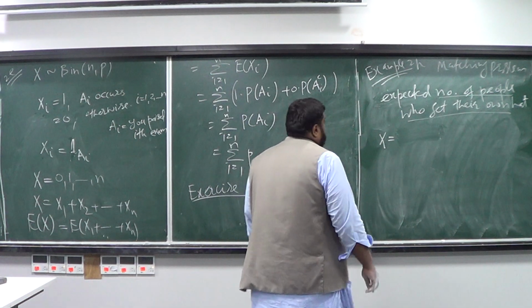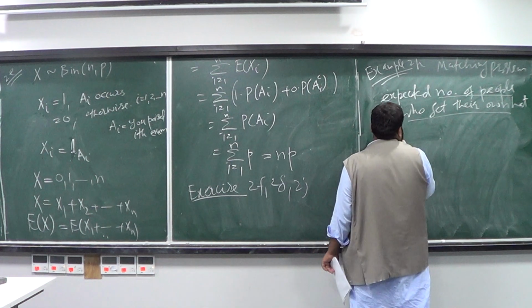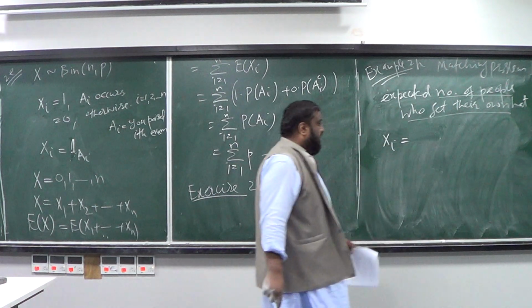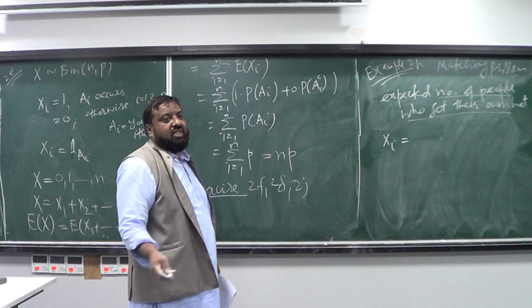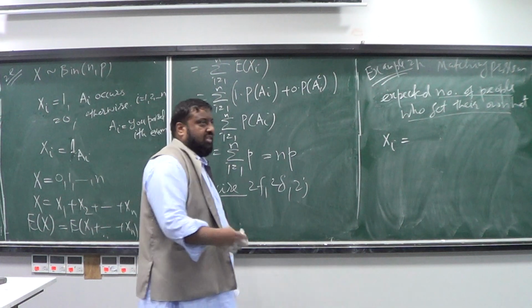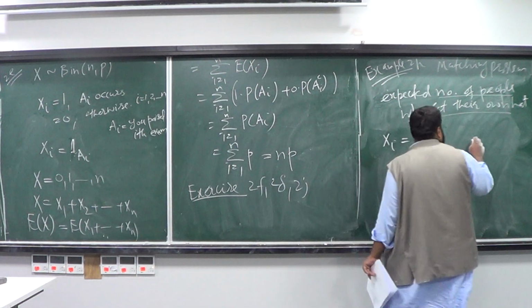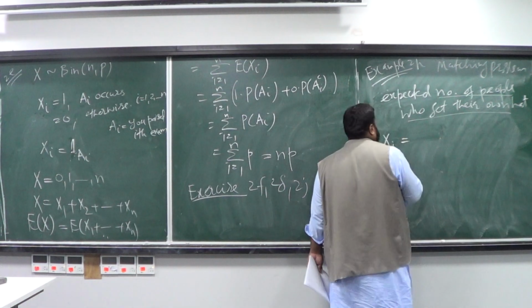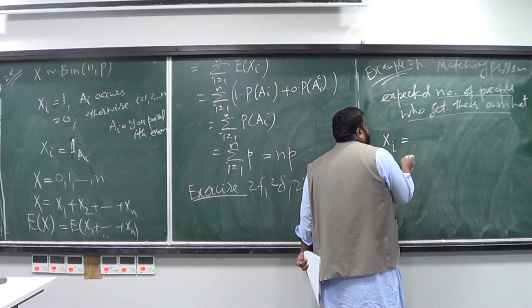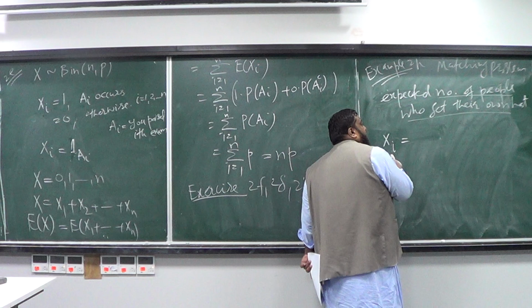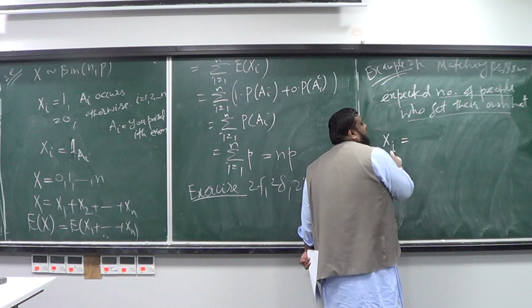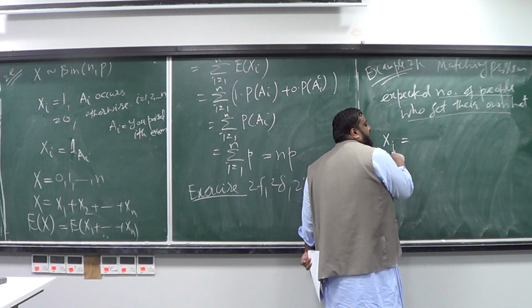Then X is this number, and let's denote by Xi the hat that the ith person gets. Now there are two possibilities: either the ith person is going to get their own hat, or someone else's hat.